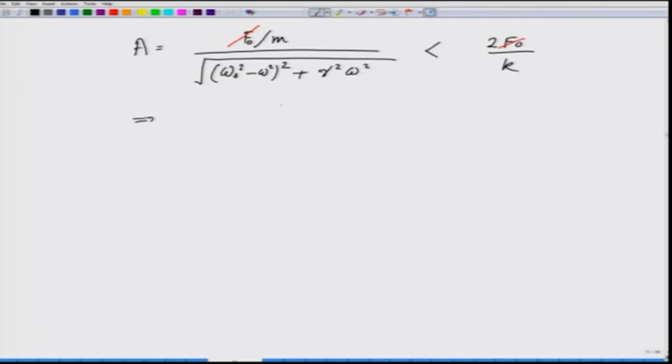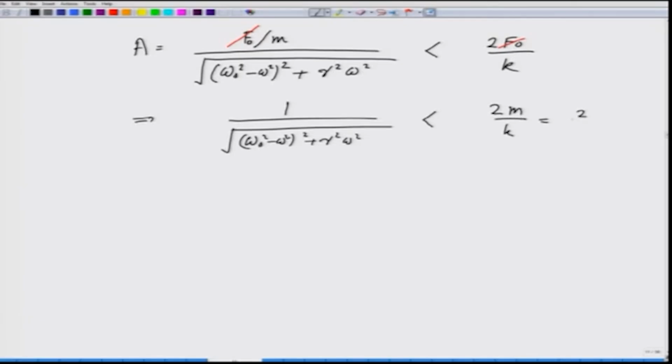This implies that 1 over the square root of that is less than 2 m divided by k, which is equal to 2 by omega 0 square.